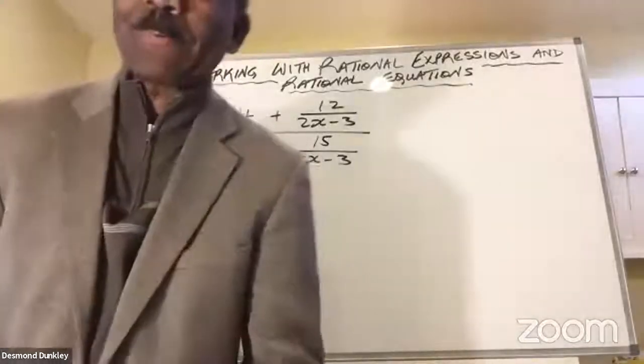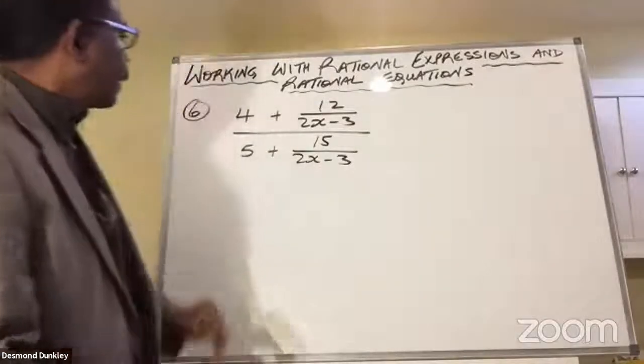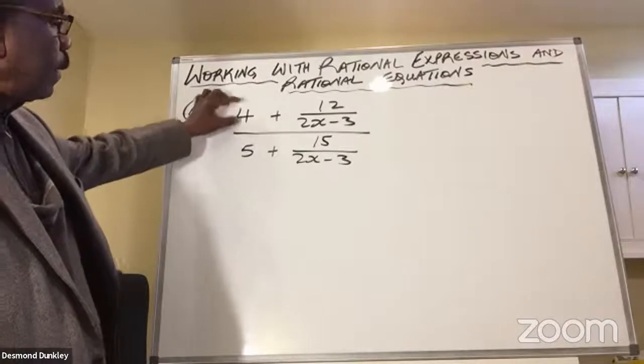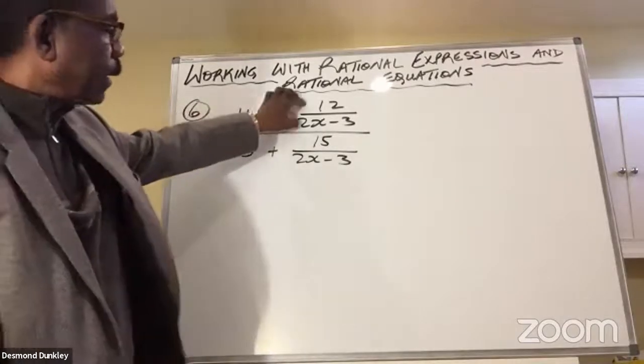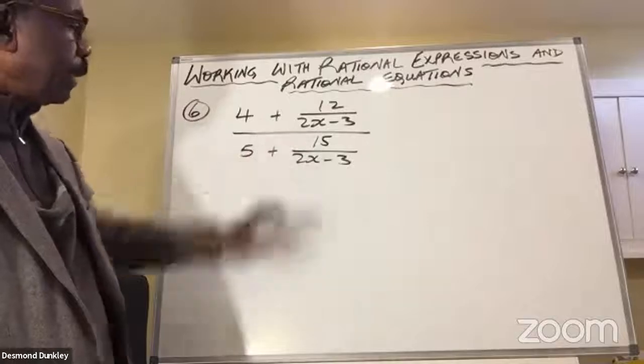That's what they give me, that's what I give you. Okay? So this is a vinculum. So we have a whole number plus a fraction, a whole number plus a fraction.